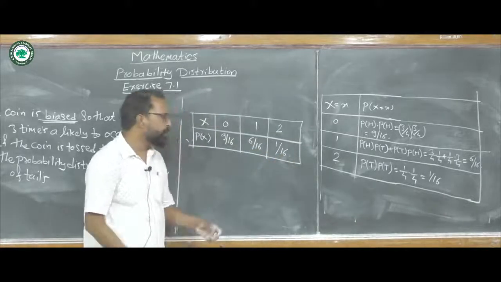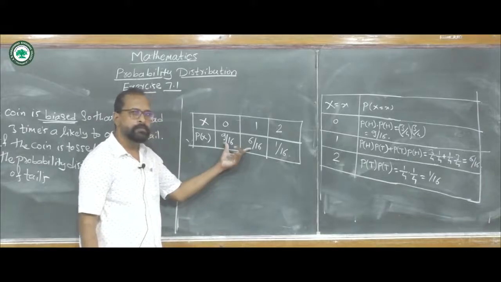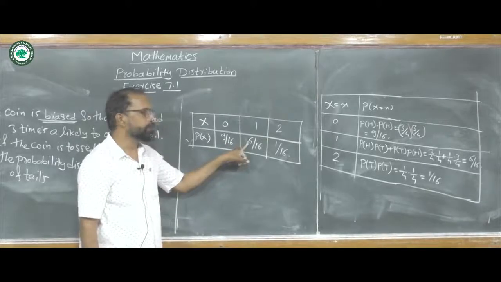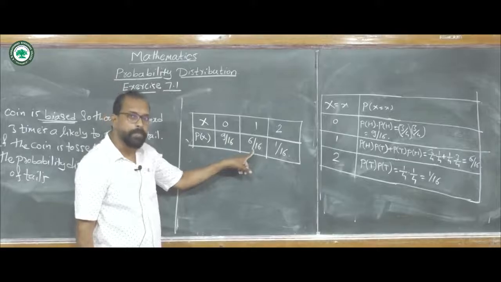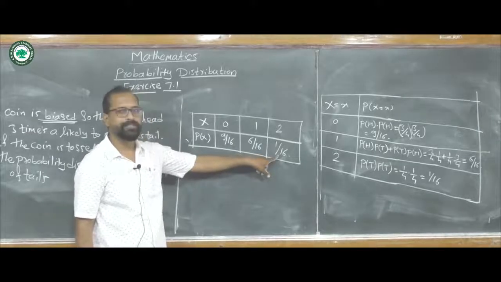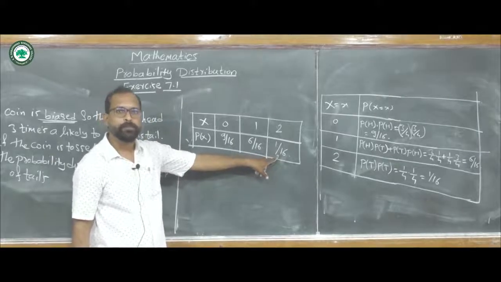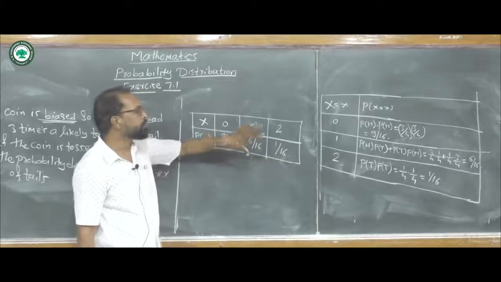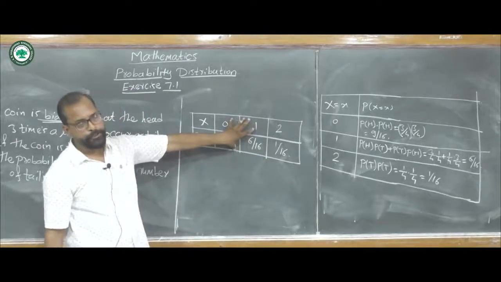Again, you can verify the sum of these probabilities: 9 upon 16 plus 6 upon 16 is 15 upon 16, plus 1 upon 16 gives 16 upon 16, that is 1. So it is the probability distribution.